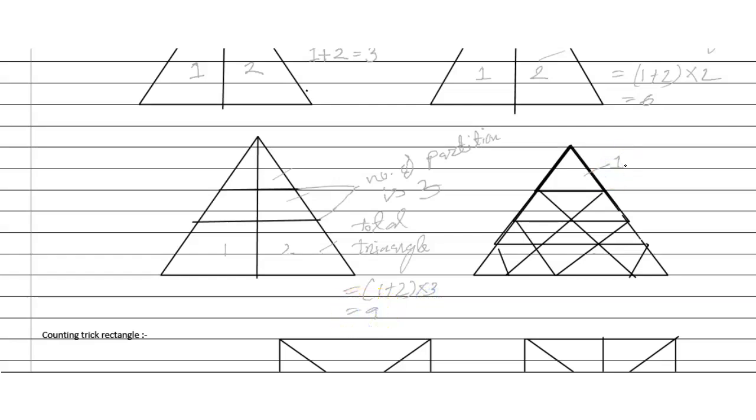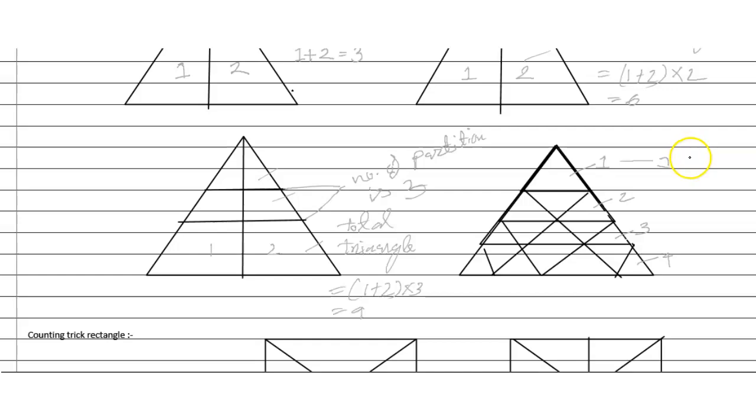This is number 1 partition, this is 2 partition, this is 3 partition, this is 4. This type of problem, how can I solve? First is 1, then it is 1 and this is 1.